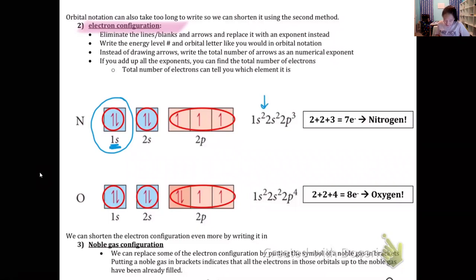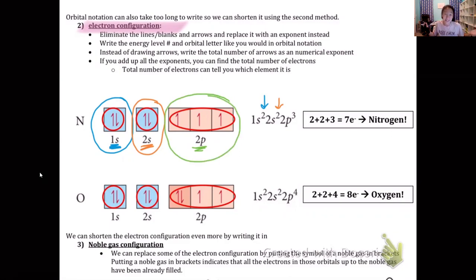Then you go to the next level. The 2s house can fit a total of 2 electrons. So that's where this number comes into play. Then after that, you have the 2P house. But the 2P house, remember, is a bigger house. It has 3 bedrooms, 3 orbitals. So you have to count the entire house.